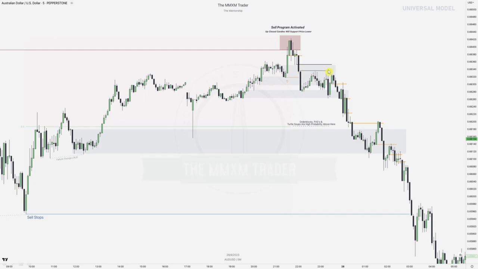We have that fair value gap here. Inside this mitigation block, we have this bullish order block being formed inside this mitigation block, and so on over here, mitigation block into this bearish order block again. Down here, another mitigation block, and we can see all these PD arrays formed here are still holding price to continue down lower and complete this market maker sell model.